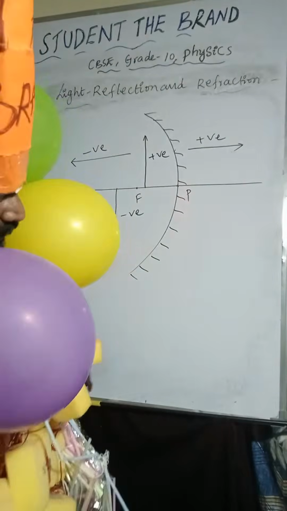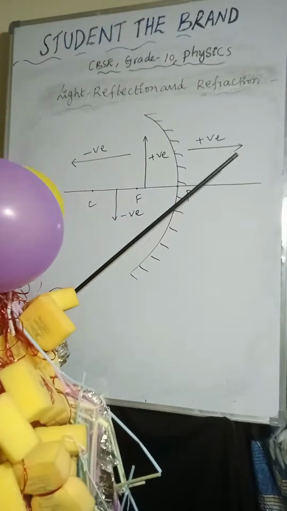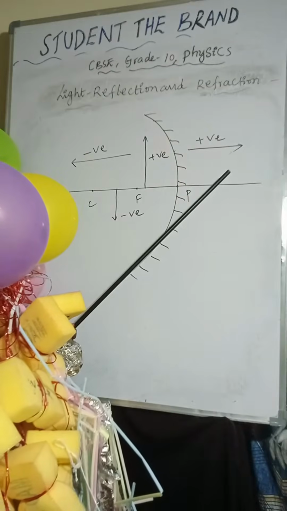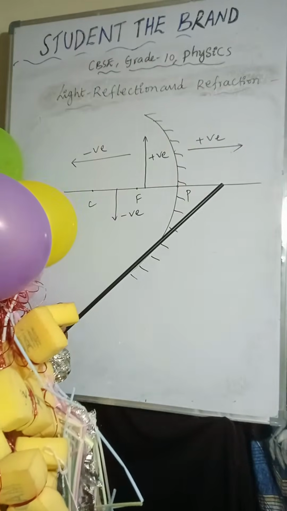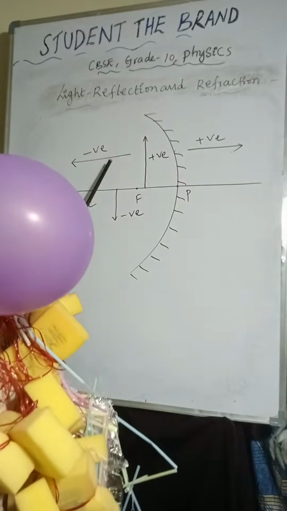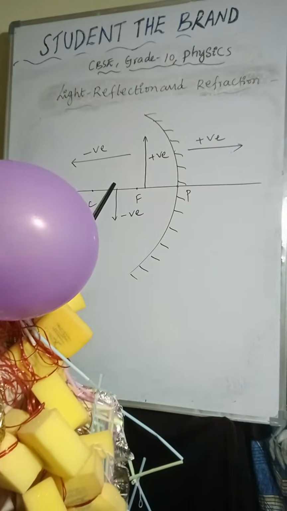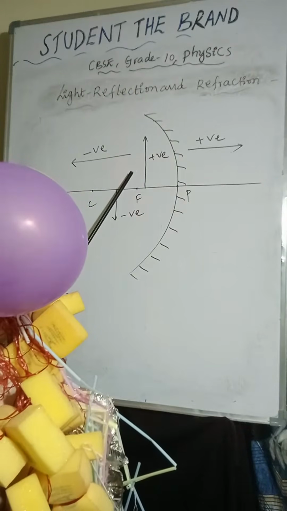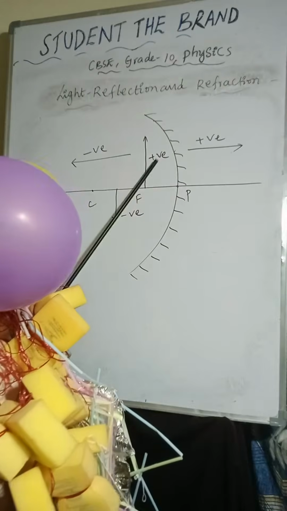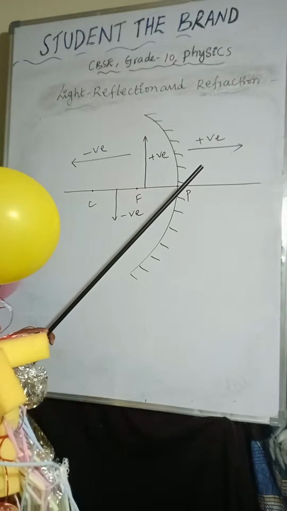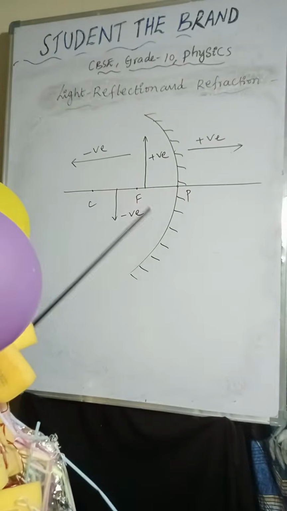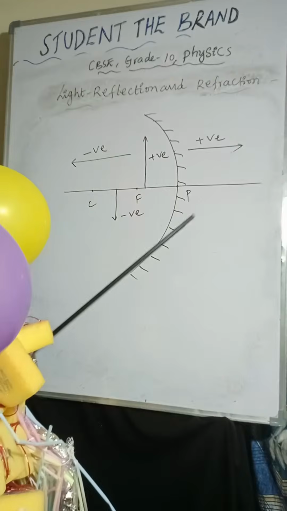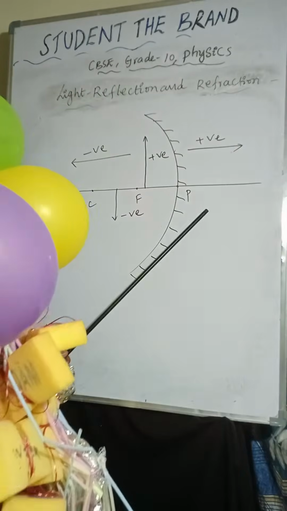Here you can observe one thing. In the direction of incident rays, all are positive: object distance, image distance, focal length and radius of curvature. Opposite to incident rays, all are negative. Above the principal axis, height of the object and height of the image are positive. Below the principal axis, height of the object and height of the image are negative. So this is about new Cartesian sign conventions.